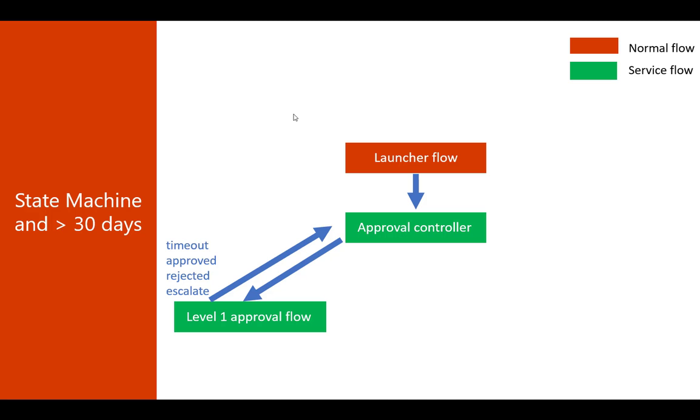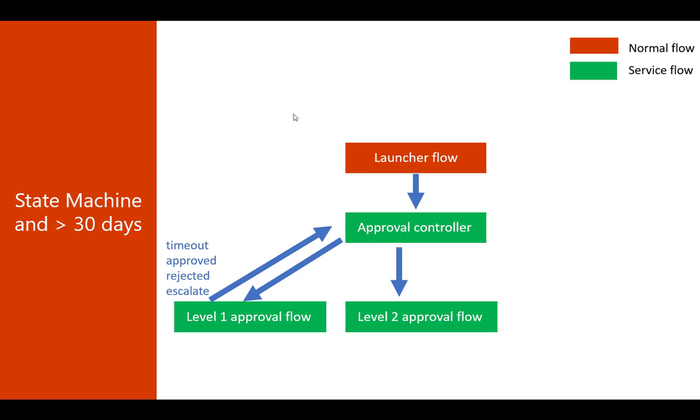It could be that, for instance, if level 1 ran into timeout, then the approval controller will restart level 1. So the previous approval implemented in the level 1 approval will be deleted because there is a timeout. When there is a timeout in an approval, it gets deleted, and a new one will be created automatically. So this is very, very flexible, very, very powerful. For instance, let's say in level 1, the user did approve.